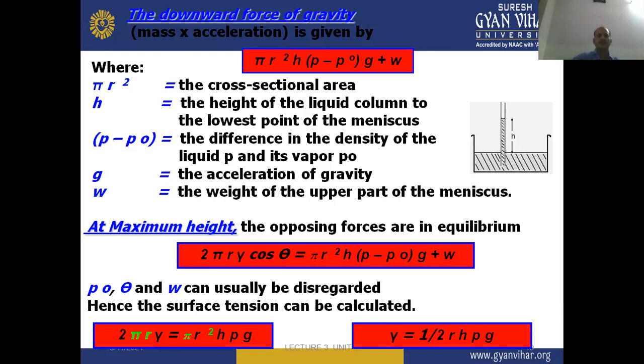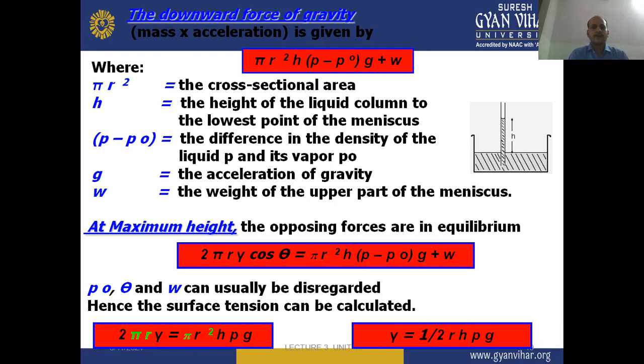At maximum height, where the opposing forces are in equilibrium, 2 pi r gamma cos theta will be equal to pi r square h (rho minus rho 0) g plus w.